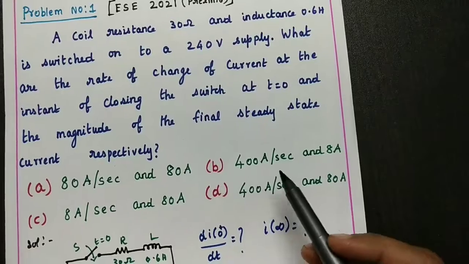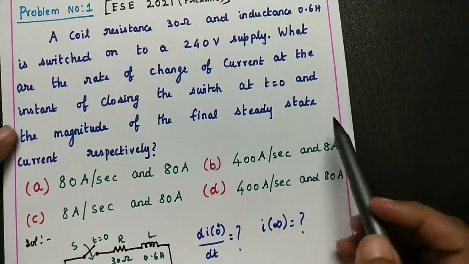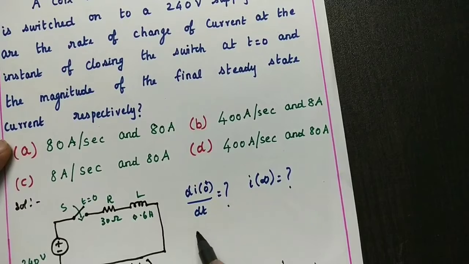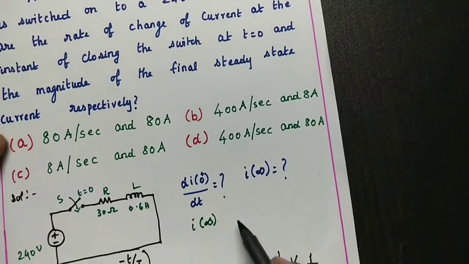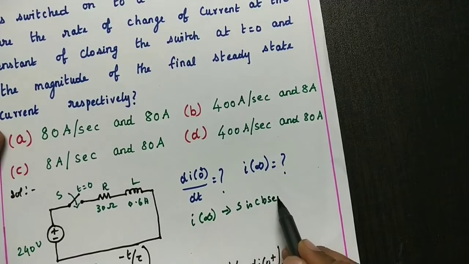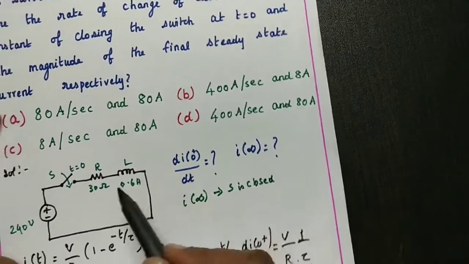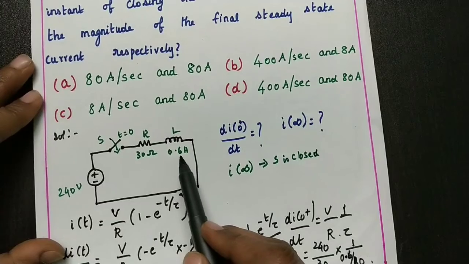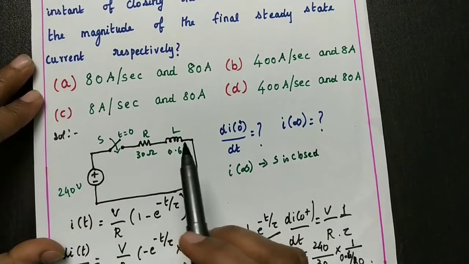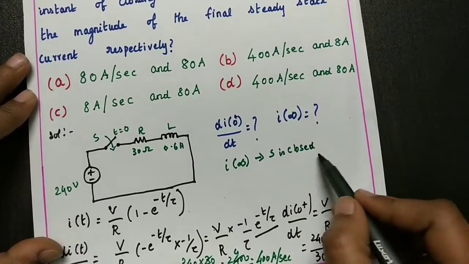The next question is the final steady state current, which is I of infinity. At the final steady state condition, S is closed, and the inductor can be short circuited.